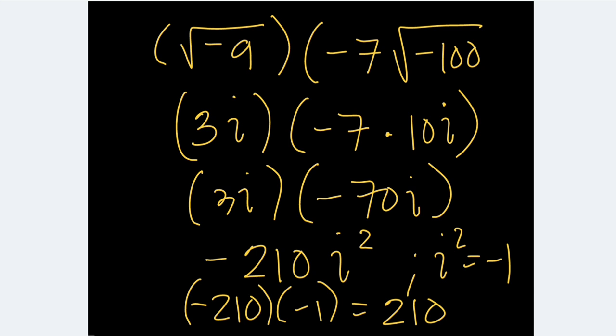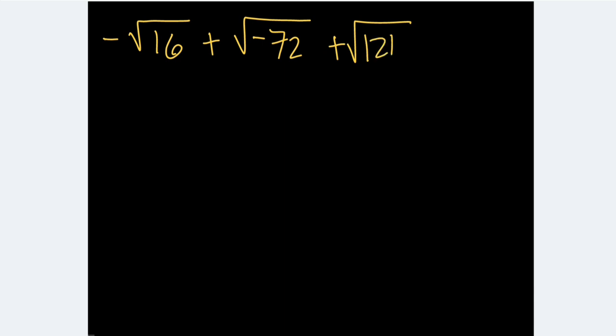Okay. It's getting complicated. Simplify the expression: negative square root of 16 plus square root of negative 72 plus square root of 121 plus square root of negative 2.